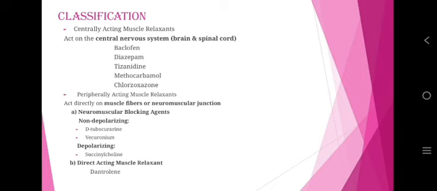In the non-depolarizing class, the main drug is D-tubocurarine, and in the depolarizing class, an important drug is succinylcholine. The directly acting muscle relaxant drug is dantrolene.